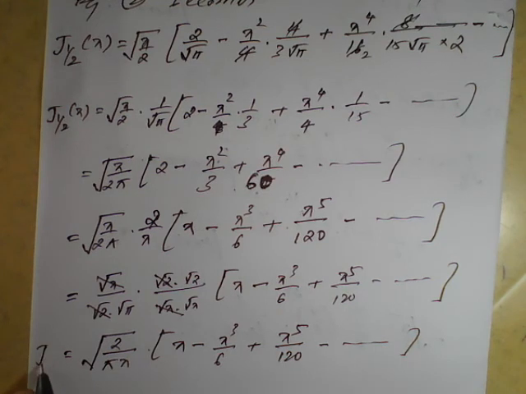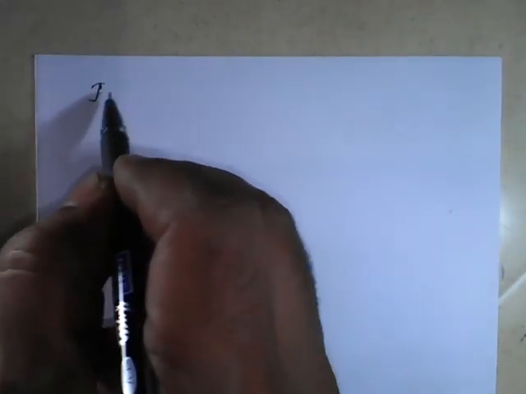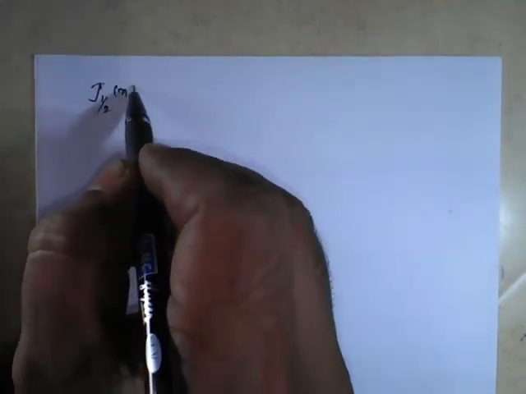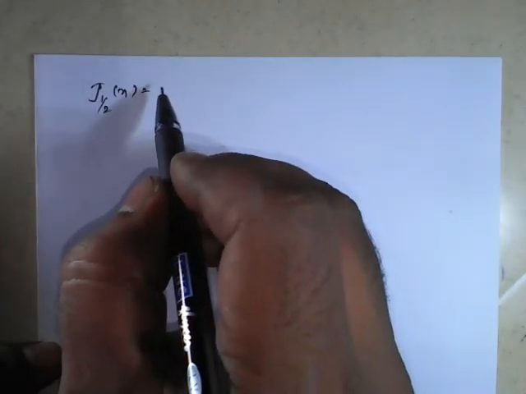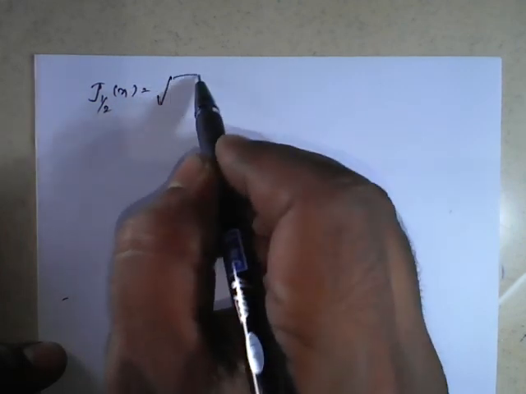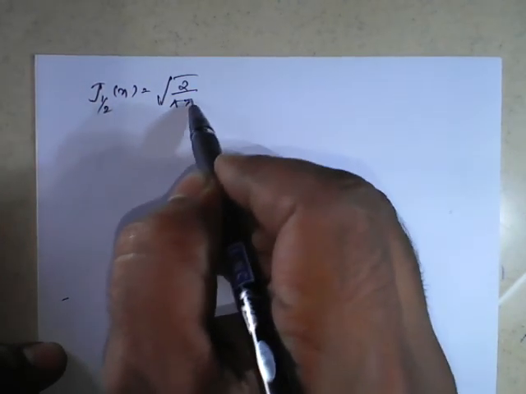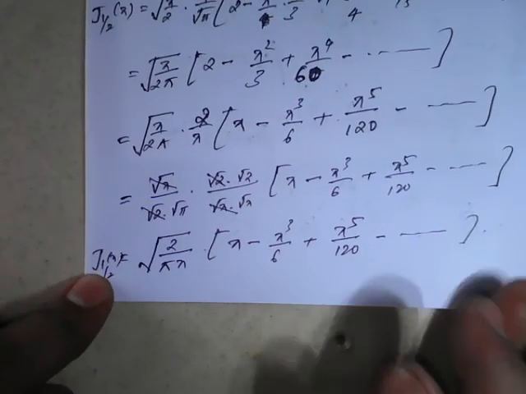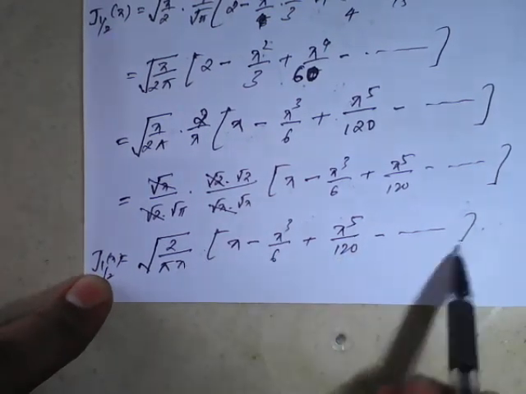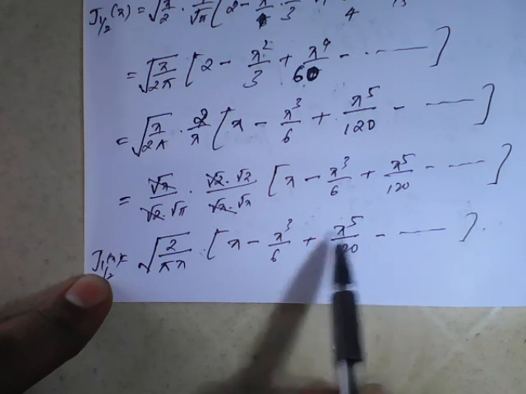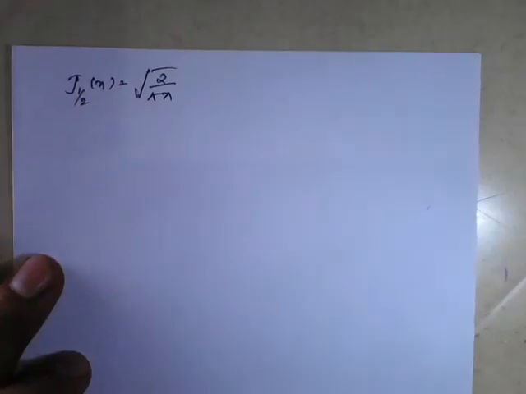This is J half of x, which is nothing but J half of x is equal to square root of 2 upon pi x. So you can observe here that this complete bracket is nothing but a sine series.